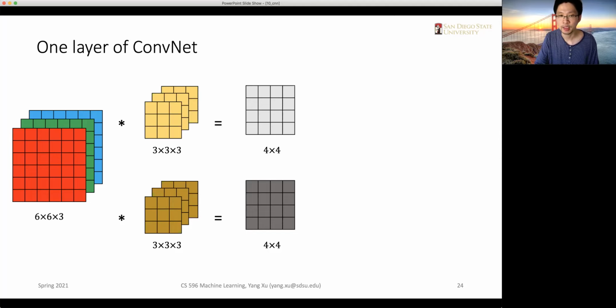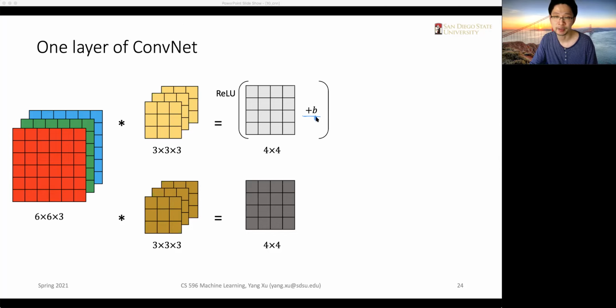There's a 4x4 for the above filter and another 4x4 for the below filter. So given this 4x4 output, we're going to first add a bias b. This bias is just like the bias term in a regular neural network. This b is a parameter that can be learned.